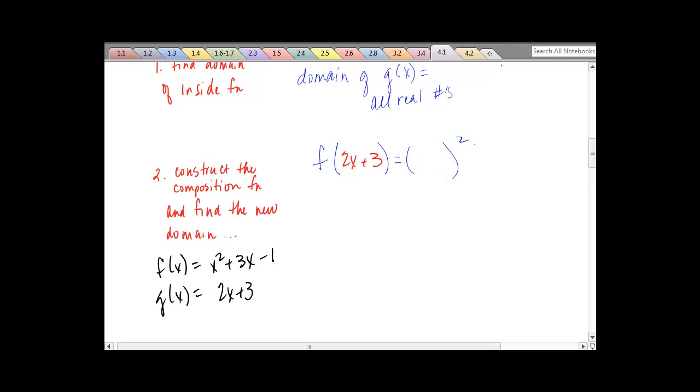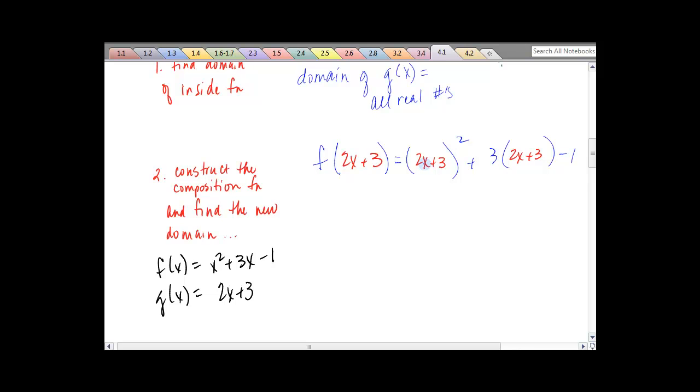So I have this first x squared plus 3 times something minus 1. Now remember that what I'm replacing x with is actually g of x. So I'm going to replace each one of these with a 2x plus 3. And this is just the algebra of what we're doing.